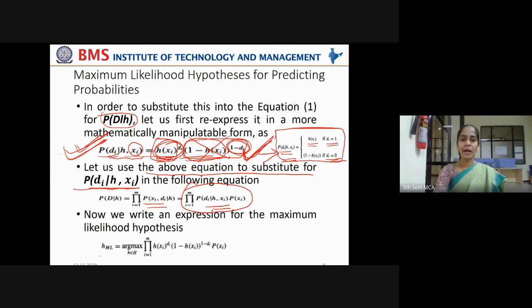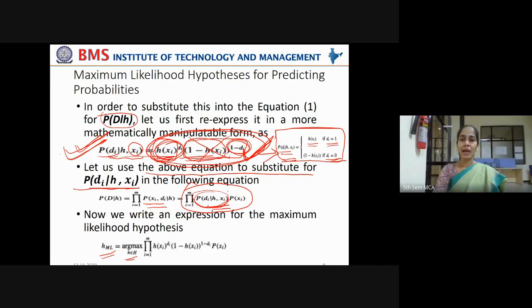Okay. Now, the maximum likelihood hypothesis can be represented as argmax over all the hypotheses that belong to the hypothesis space, of the product of, into this term, you are substituting this equation, that is h of xi power di multiplied by 1 minus h of xi power 1 minus di.